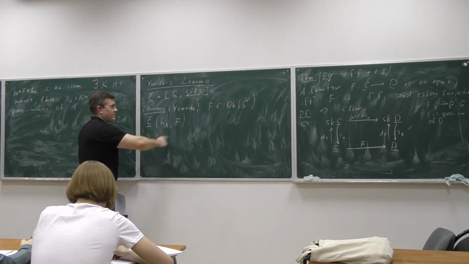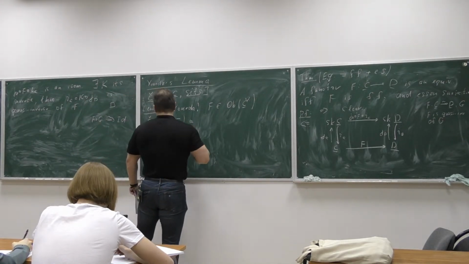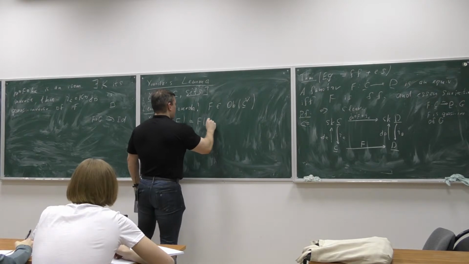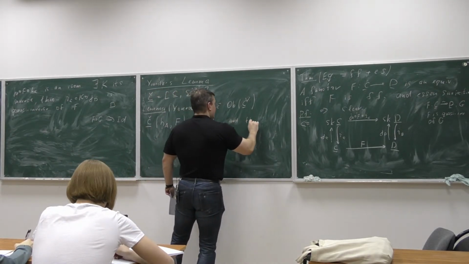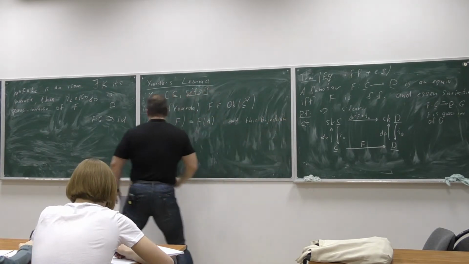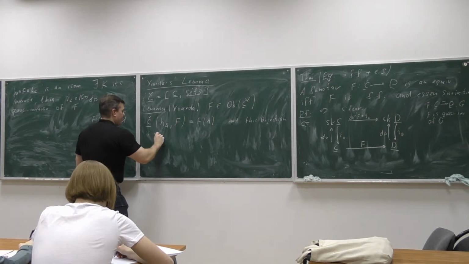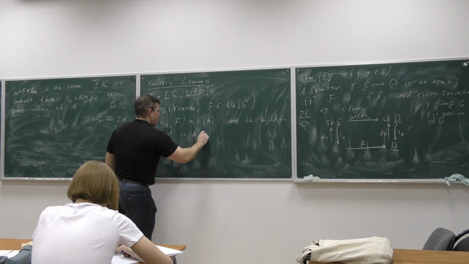So HA and some other functor. And the claim is that this is bijective to the F of A, and this bijection is natural in A.